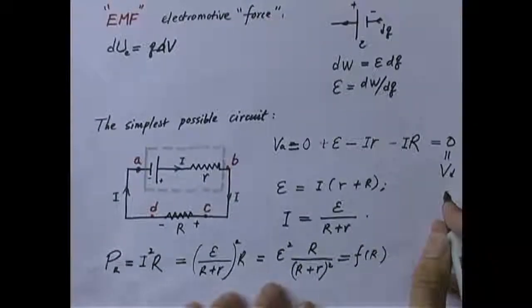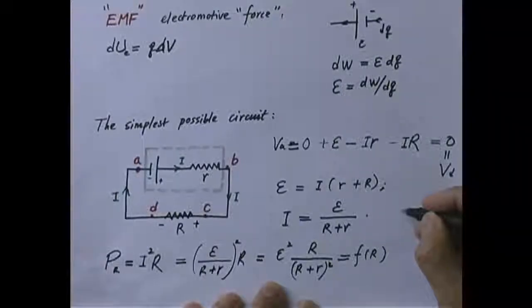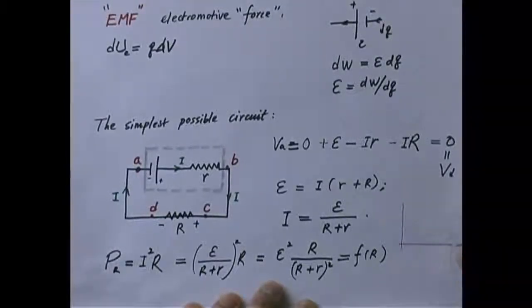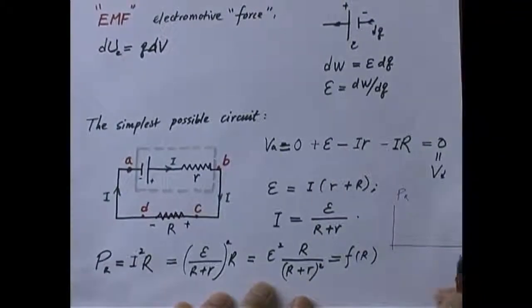Now we can do a little plot of this function to have a rough idea what happens. Here is P as a function of R, and let's say this is R. Now R can be as small as 0, and as large as infinity.